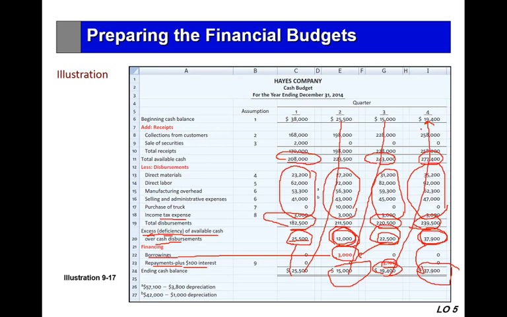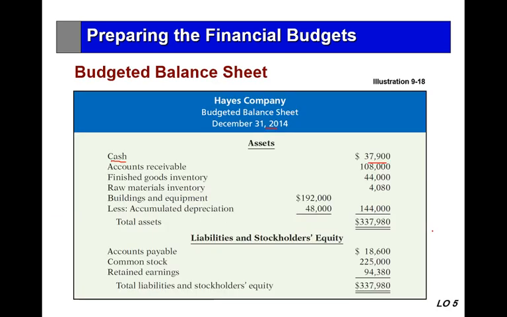Quarter 4 ending balance is the ending balance of the year, and the beginning balance of quarter 1 is the beginning balance of the year. Here we need the ending balance, 37,900. Then 37,900 is the cash balance expected at the end of 2014.